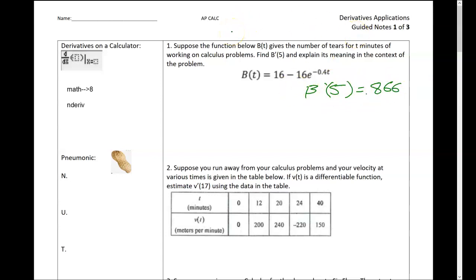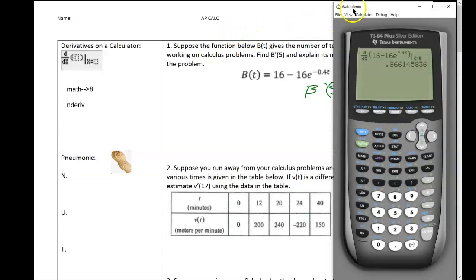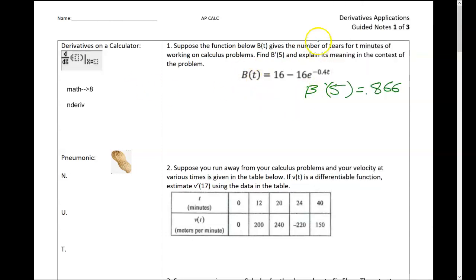So the real work, first of all, this nDeriv function is pretty nifty, so make sure you can do that. But the real work here is to figure out what this means. So it says find B prime of 5 and explain its meaning in the context of the problem. So this is a really common and honestly pretty easy FRQ question that you can get. So here, notice I didn't have to really read the problem to find B prime of 5, but I do have to read the problem to interpret, right?